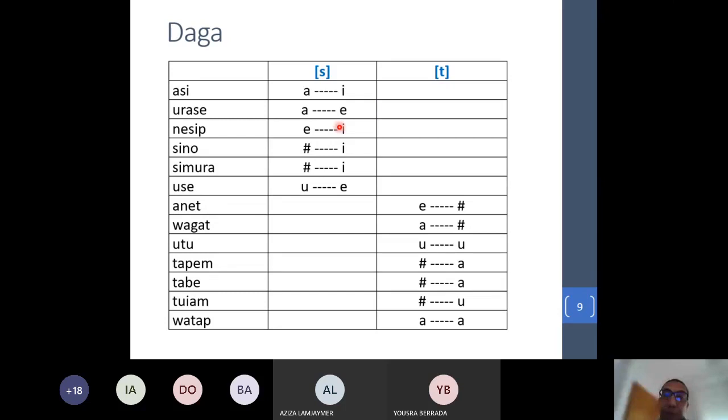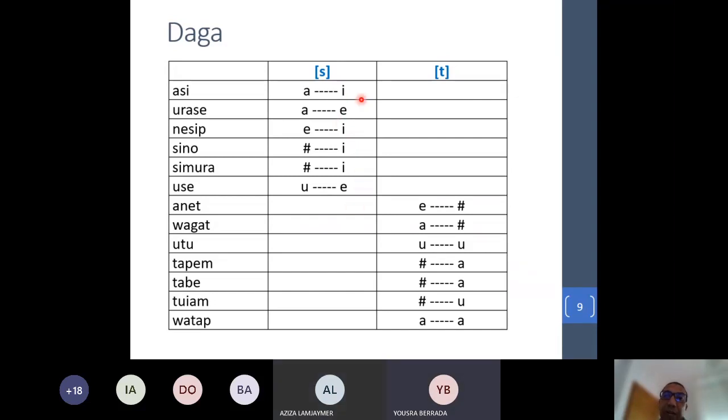Now we can see that it's not the same. We have here word boundary, and we have here U and A, E and A. Ask yourself whether this environment constitutes a natural class. Natural class means a group of sounds having something in common, having a phonetic feature in common. I think it has to do with the front vowel.